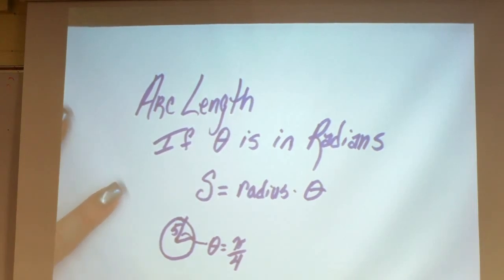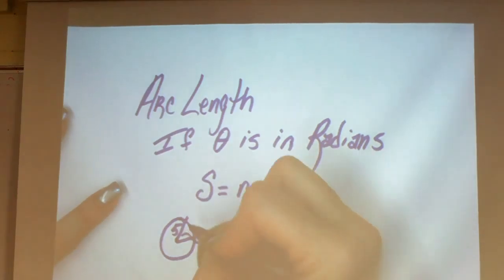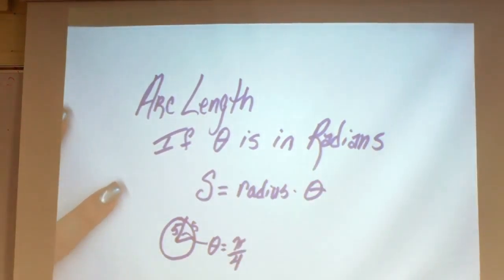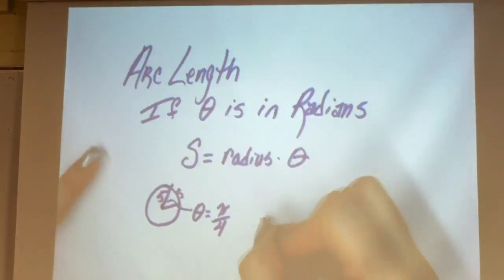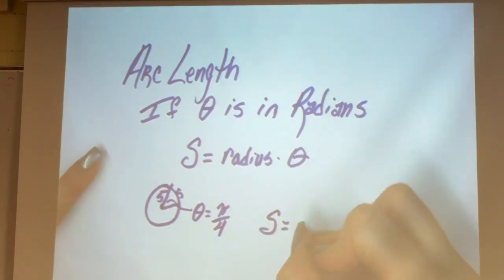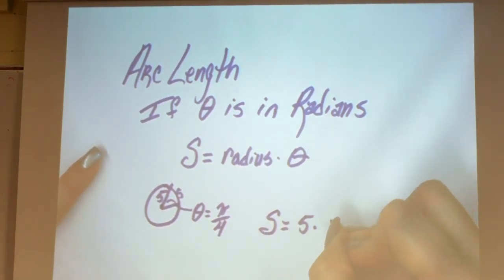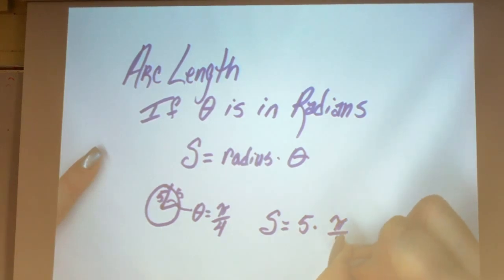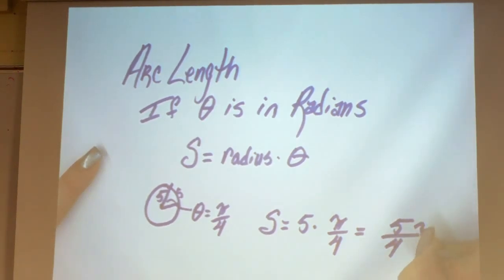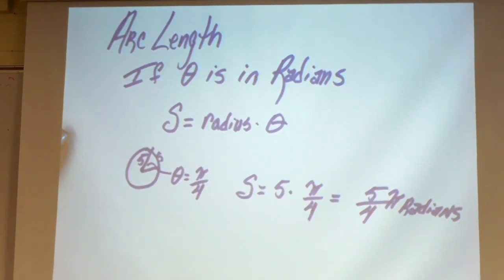So we're going to plug those pieces of information into the formula, and it will determine what our arc length S is here. So my S would be equal to 5 multiplied by pi over 4, which would be 5 pi over 4 radians. That's the measure of our arc length.